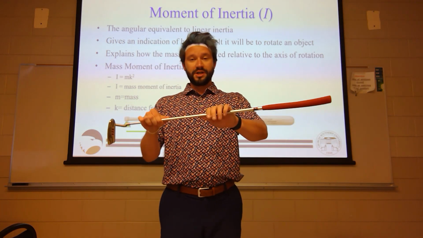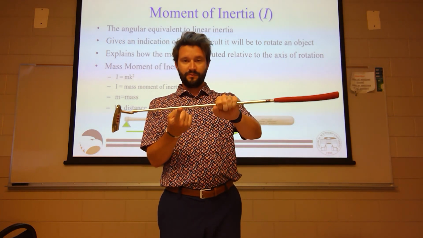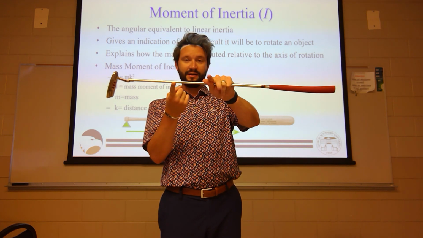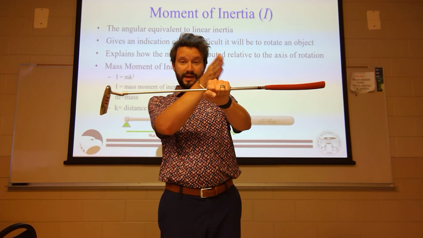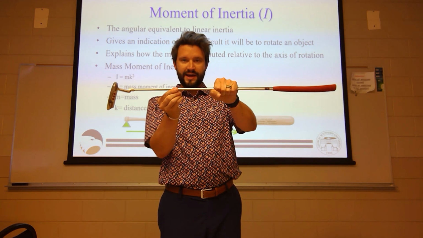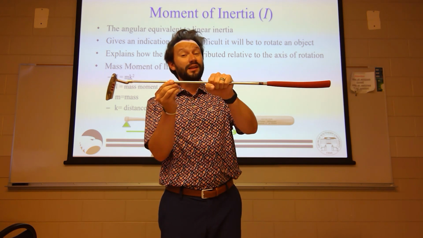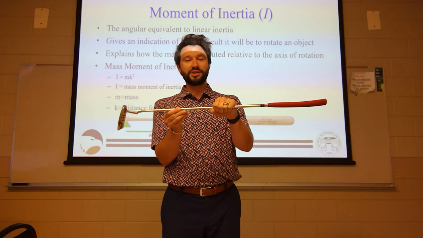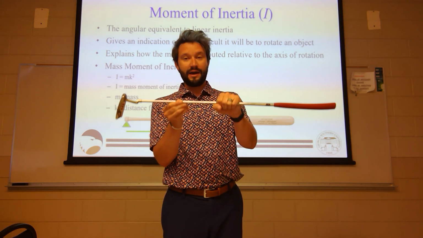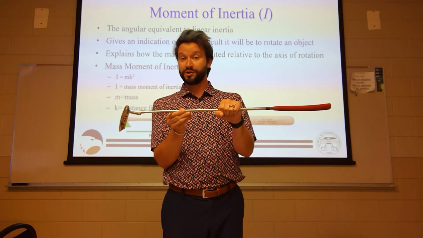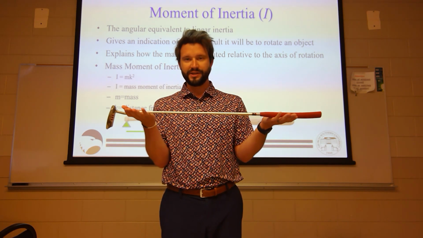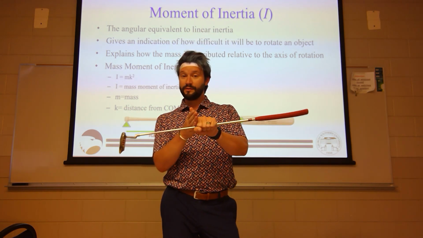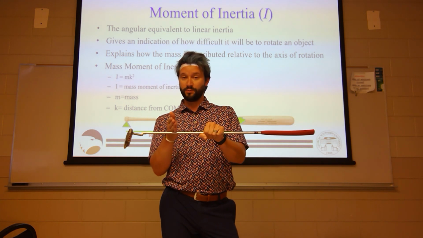When you choked up to about the middle, you changed the axis of rotation, and because of that, now the distance from axis of rotation to that center of mass got a lot shorter. Okay, so that means the radius of gyration went way, way, way down, which means the moment of inertia is going to go down because the mass of this club didn't change. It didn't change the weight of this club, but that radius of gyration went way down.